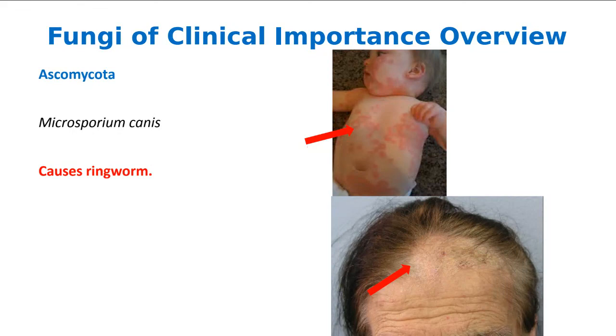Any questions? So if we look at Microsporum, how would you describe the morphology of the mold for Microsporum? How would you describe the morphology of the mold? A leaf, right?